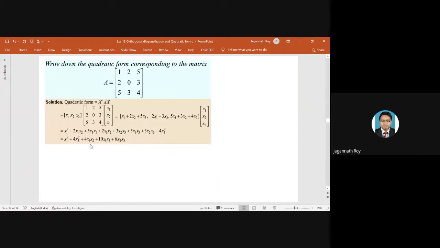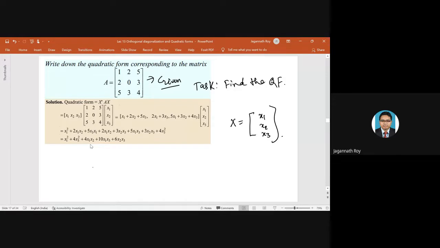Now, once we find it, you can go back. Suppose the matrix is given. The task is to find the quadratic form. So what we will do, we will take x as a variable, x1, x2, and x3.